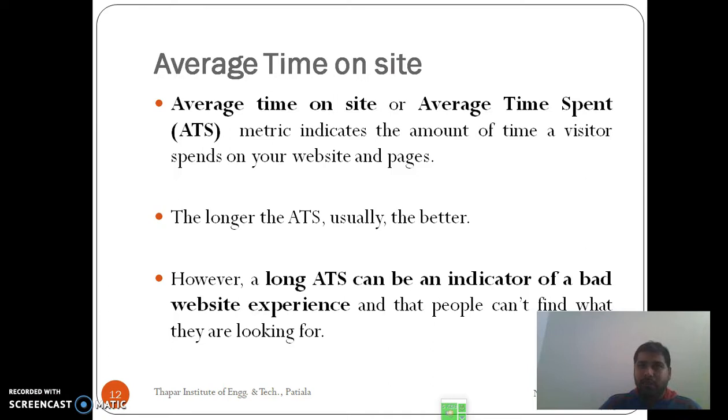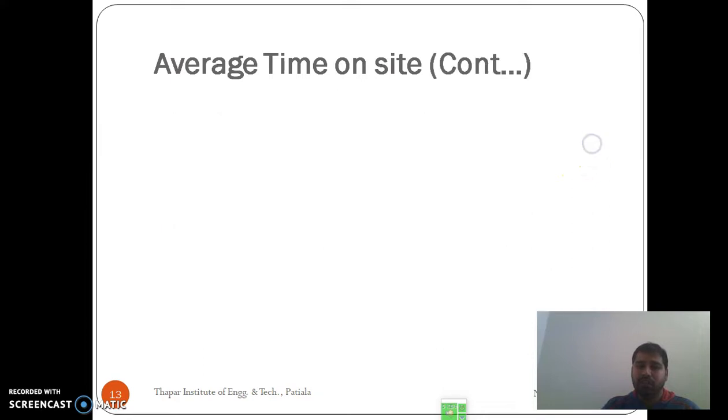It may happen due to some situations where the user is not able to find the actual content they want on your website, or your website content is not readable, or your speed is too slow. So these factors increase the average time on site, which may indicate poor quality also.